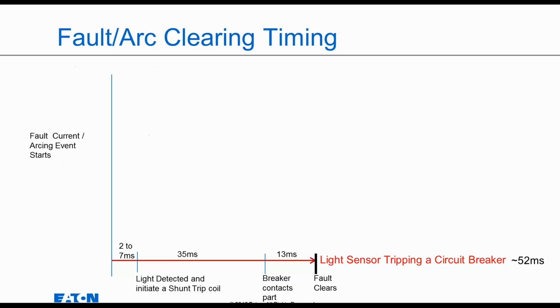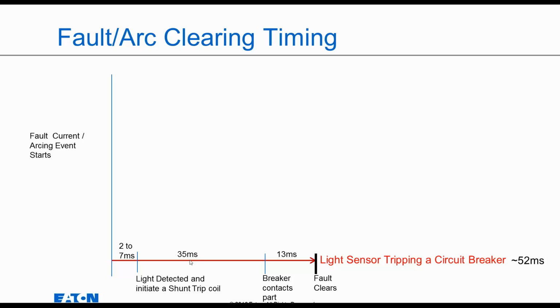So what do we have? This is a build chart that we'll build as we go through systems. Here's our first system. We're calling it light sensing tripping of a circuit breaker. So what happens? Within 7 milliseconds, our light sensors have detected light and initiated the light relay to shunt trip a circuit breaker.